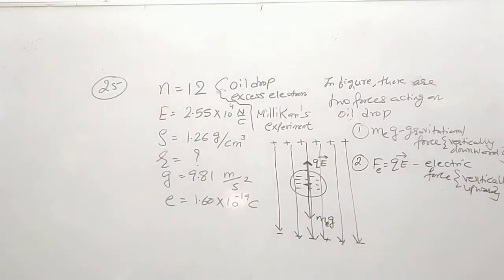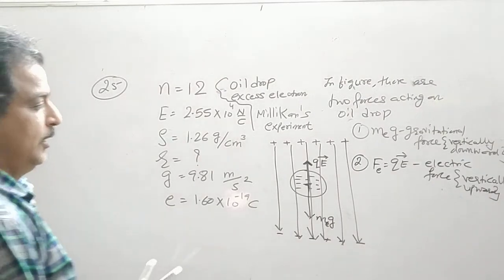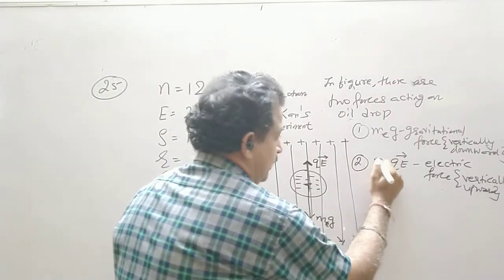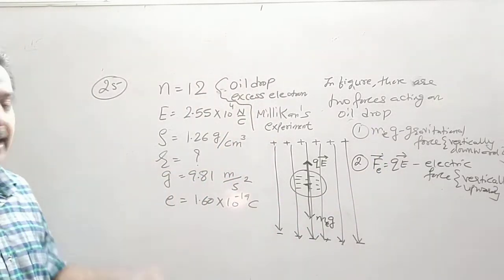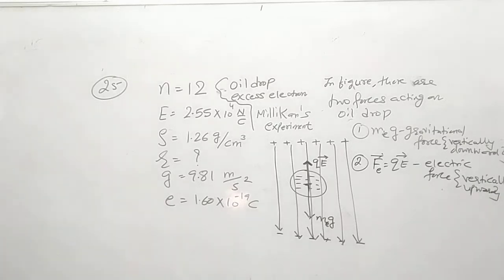Now in order to keep this drop stationary, the magnitude of both the forces should be equal and the direction should be opposite.